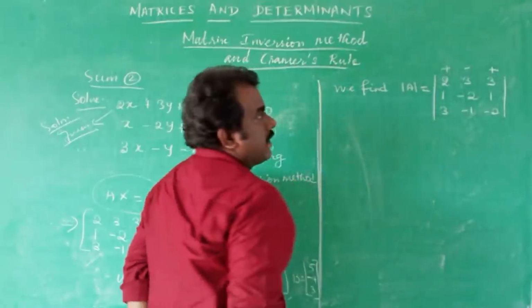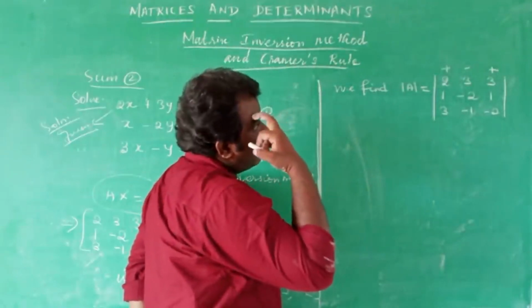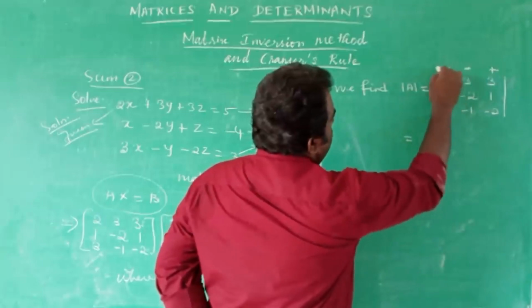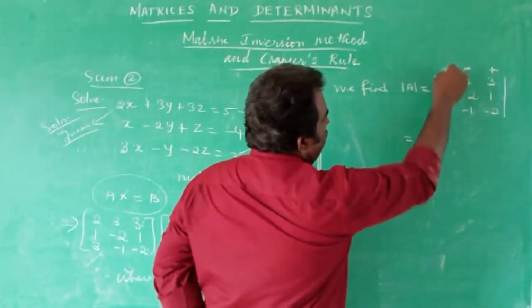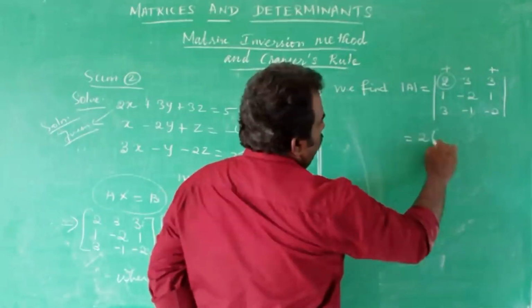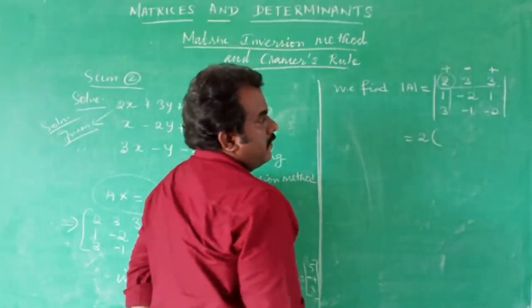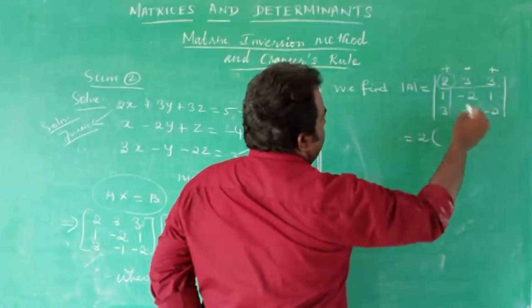But even places can be taken as positive and the odd places can be taken as negative. So fix this element with the symbol plus 2, and leave this row and leave this column. Take the determinant of remaining 2 by 2 matrix.